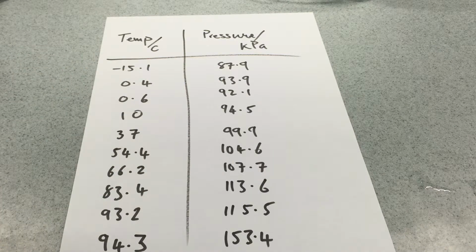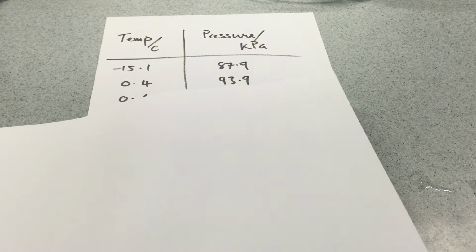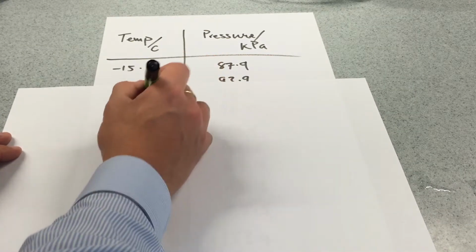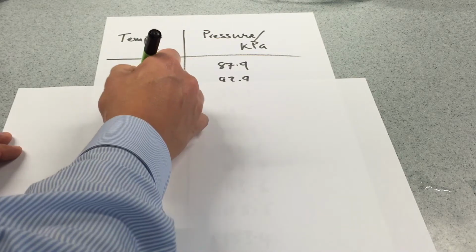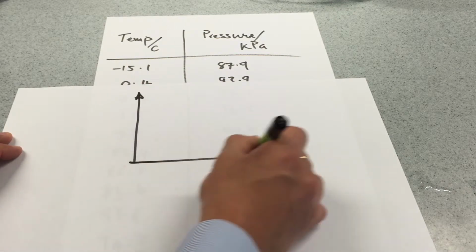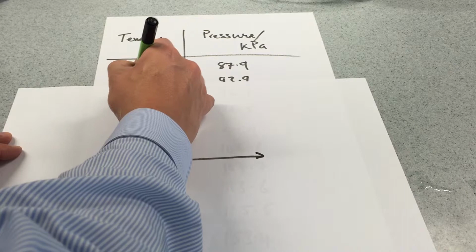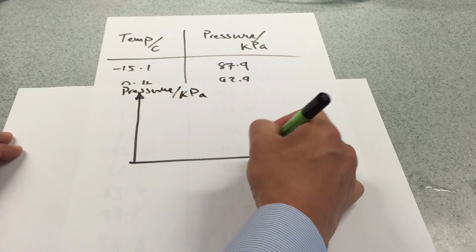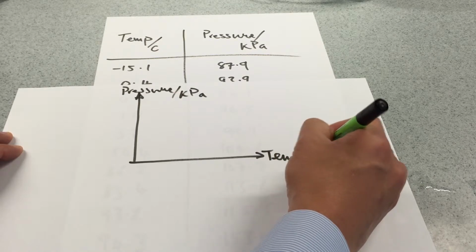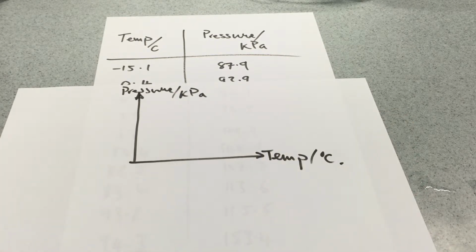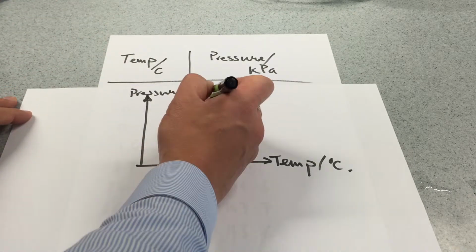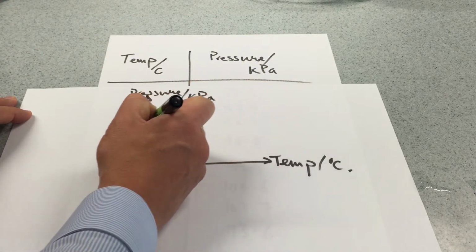Now, when it comes to plotting a graph of these results, I would like us to plot pressure in kilopascals against the temperature in degrees C. And what we'll probably see if you did that initially is that the results do something like that.